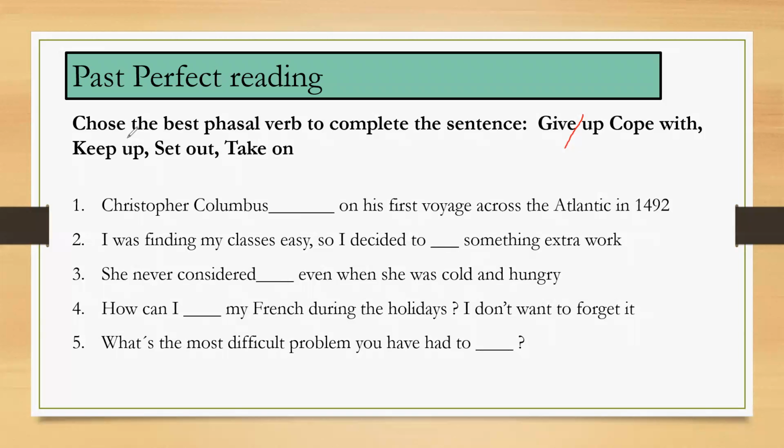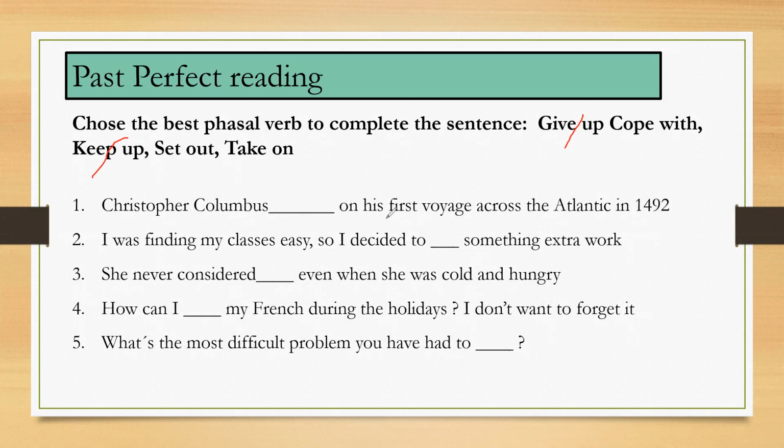And we are saying his first voyage, so it's not keep up. Set out, start a journey, probably. Take on, to take a challenge, probably. So we have to start with the journey, to take a challenge, or to deal with difficulty.